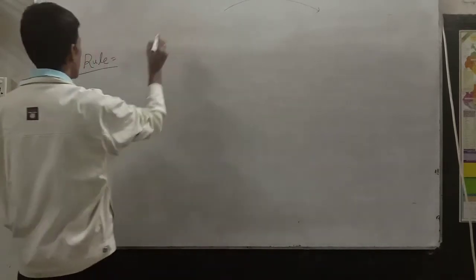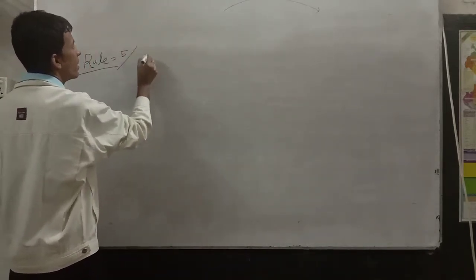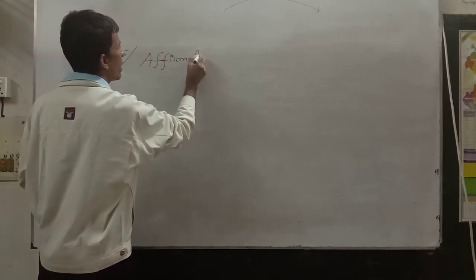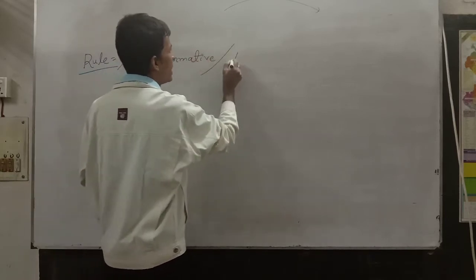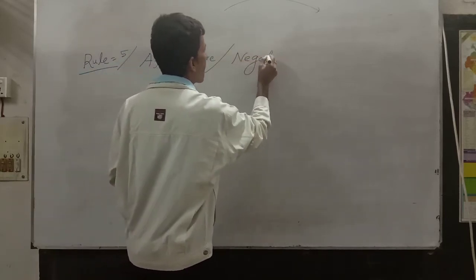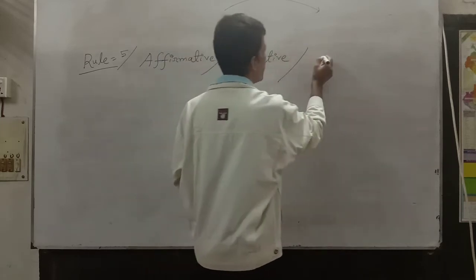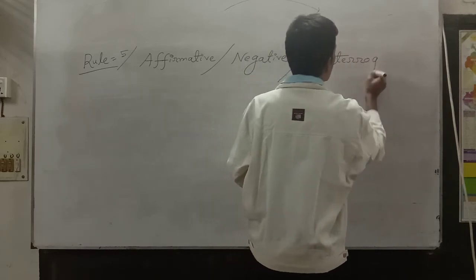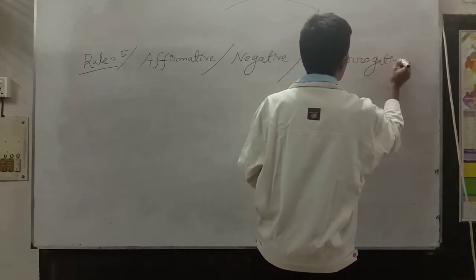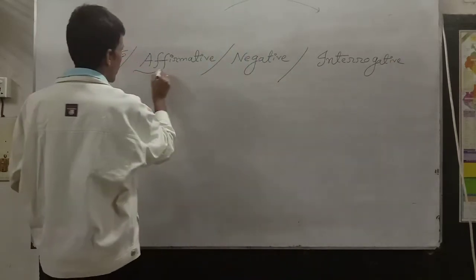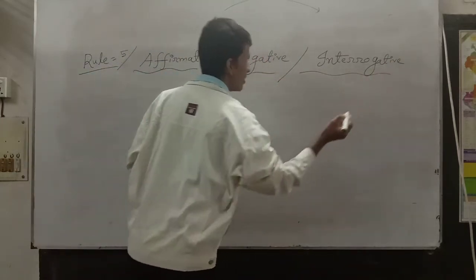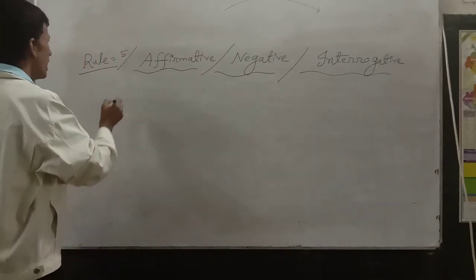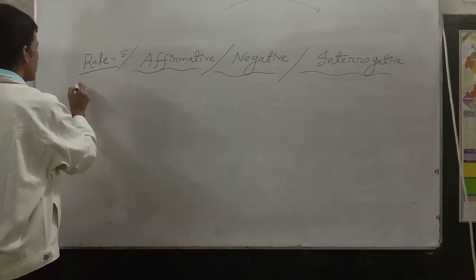Rule 5. Affirmative, negative and interrogative. These three kinds of sentences are interrelated with each other. First of all, I will explain the structure.